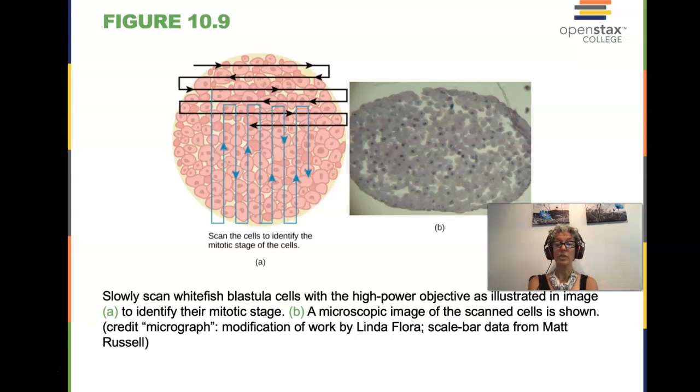And you'll be able to scan and look for the various stages of mitosis in the animal cells. We will also look at onion root tip to look at plant cell mitosis. The plant cells are a little easier to see. They're bigger because of their cell walls. Their chromosomes are a little larger, but we can see the mitosis happening in both cell types.